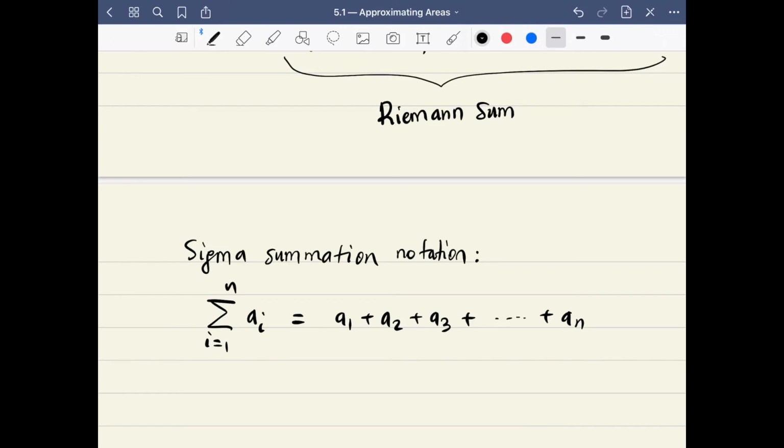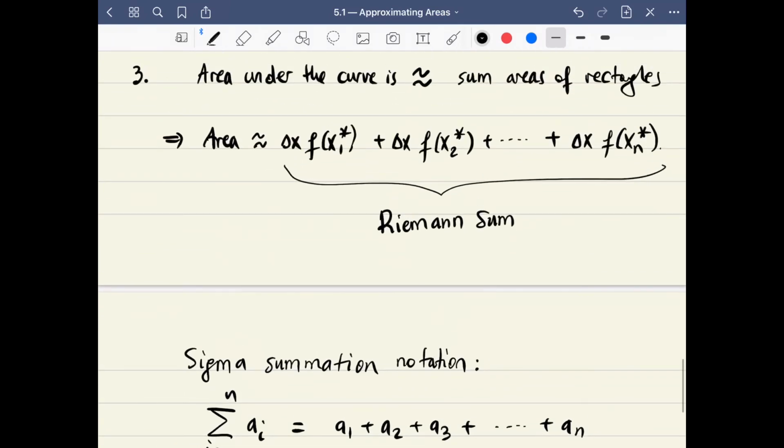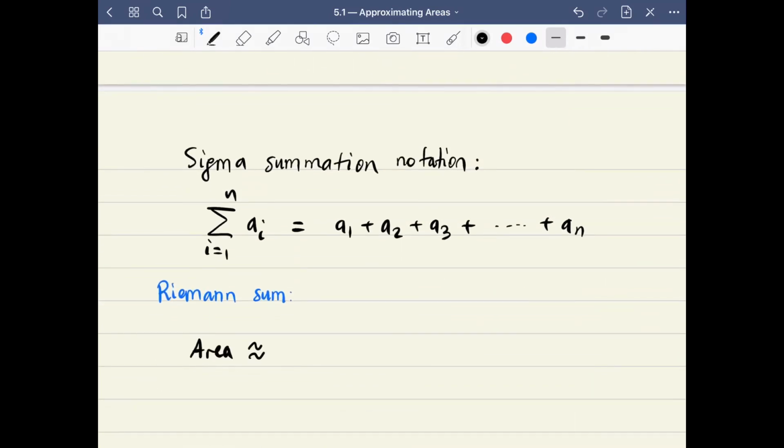So in our notation, the Riemann sum says that the area is approximately this sum here, which, according to this new notation, is equal to the sum from i equals 1 to n.